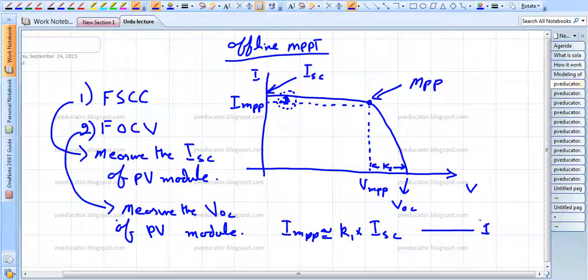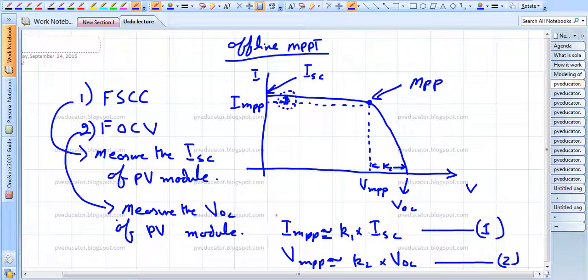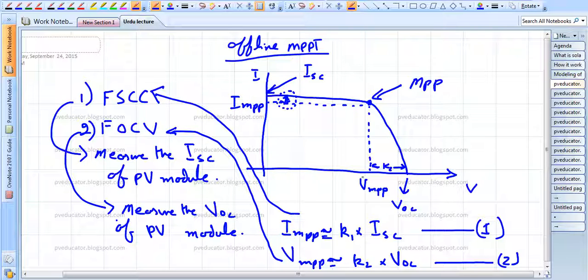Let us call it equation number 1, because we are going to use this equation for the rest of the lecture. And VMPP is approximately equal to K2 into VOC. So equation number 1 principally deals with the fractional short circuit current method, and this VMPP equation deals with the fractional open circuit voltage method.